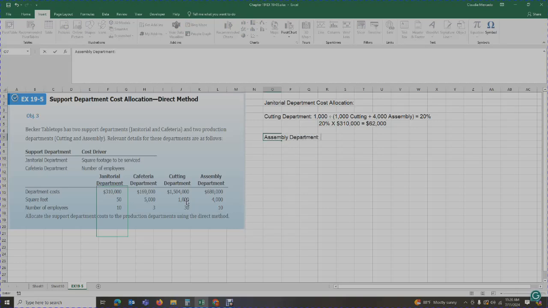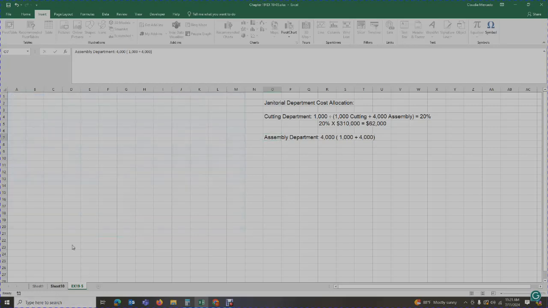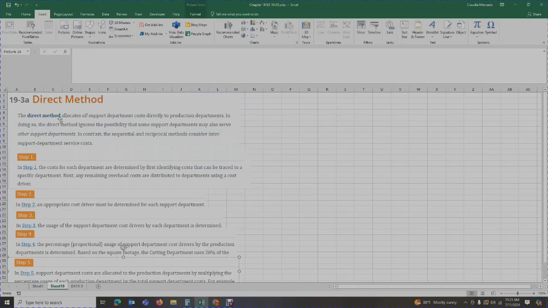The assembly department has 4,000 square feet to be serviced. We're going to divide by the total, which is the 1,000 plus the 4,000, which gives you the 5,000. We divide by the total square footage serviced of the production departments, because remember, if we look over here on the notes, the direct method allocates all support department costs directly to the production departments.